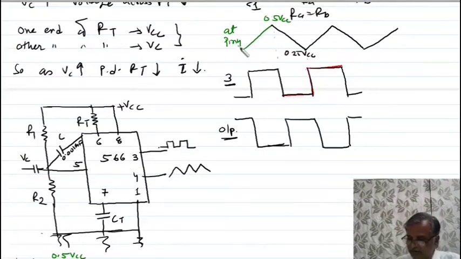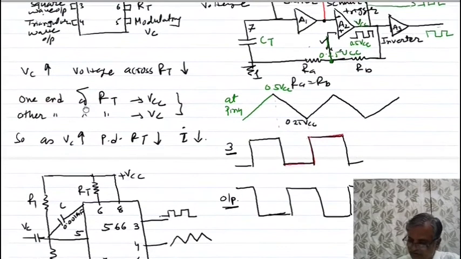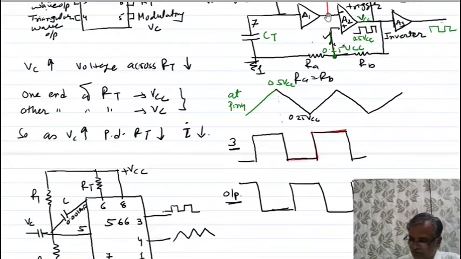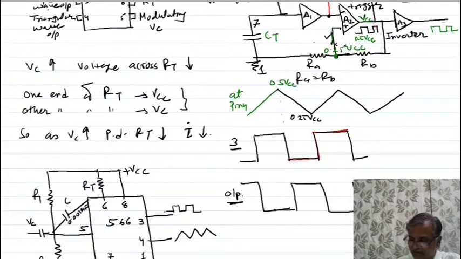Look again here, this is the charging voltage, or the voltage rising at the capacitor, that I have already shown here. So here you get a rising voltage, the output here is VCC, and the feedback voltage here is 0.5 VCC.